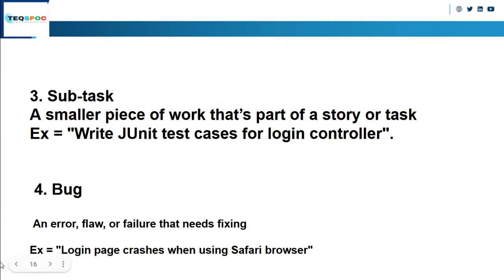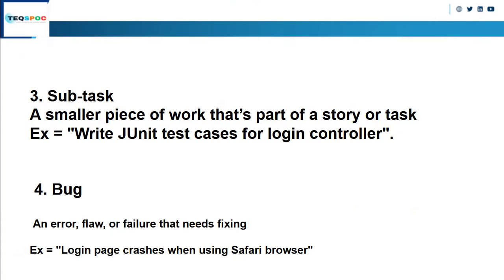Basically, if any feature has been developed, then the tester has to test that feature, right? To check if it is working according to the customer requirement or not. Only after testing do we deliver to the customer. If it's not working according to the user requirement, then it is a defect, or failure.